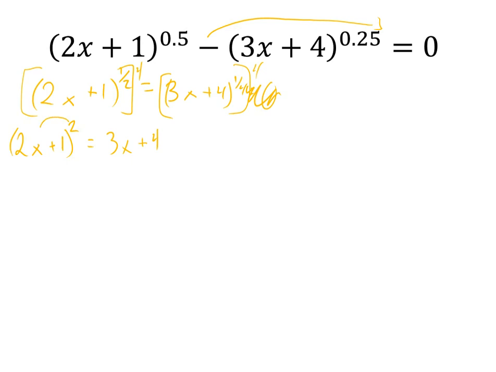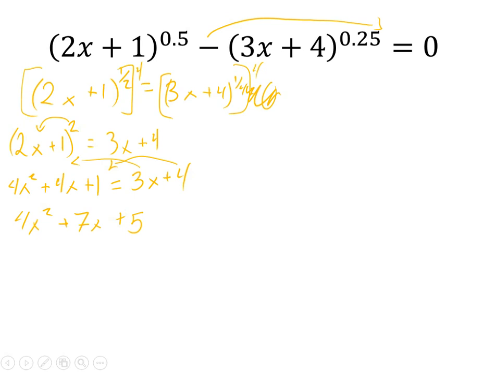I would distribute and I would FOIL this through, getting me a 4x squared plus 4x plus 1, and that equals 3x plus 4. Move numbers onto the other side, getting me a 4x squared plus 7x plus 5.